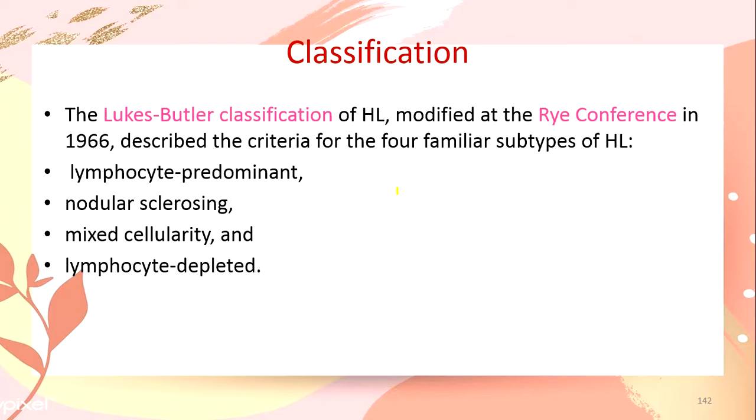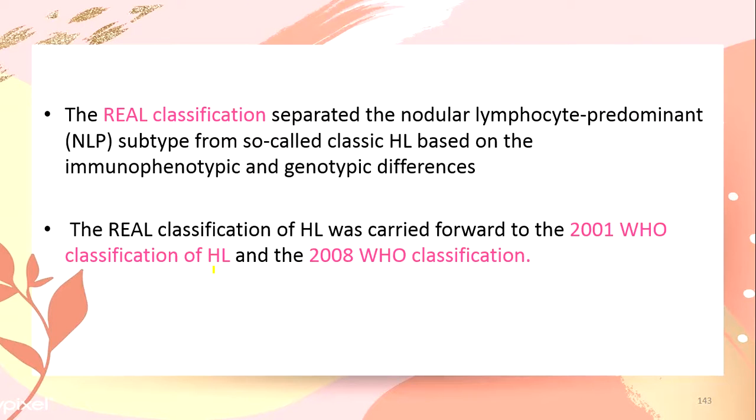The Lukes-Butler classification of Hodgkin lymphoma described the criteria for four familiar subtypes: lymphocyte predominant, nodular sclerosing, mixed cellularity, and lymphocyte depleted. The REAL classification separated nodular lymphocyte predominant subtype from the classic HL based on immunophenotypic and genotypic differences. This classification was carried forward to 2001 WHO classification and 2008 WHO classification.